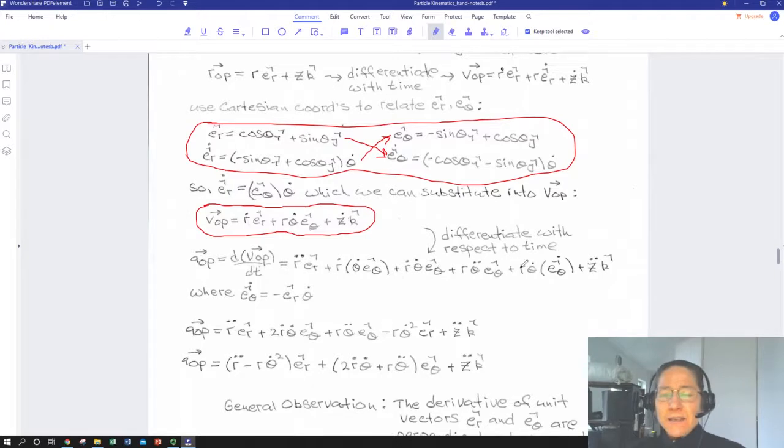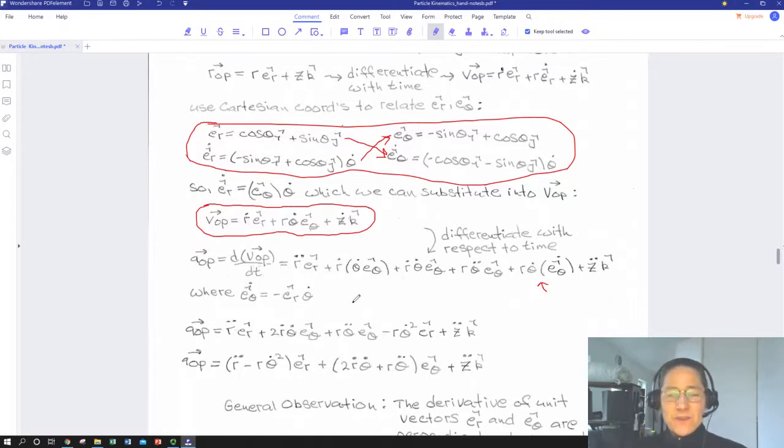So we are down to this expression at the end of the day. We had our r times theta dot times theta hat dot, and for theta hat dot we're going to get a negative d theta dt in the r hat direction.